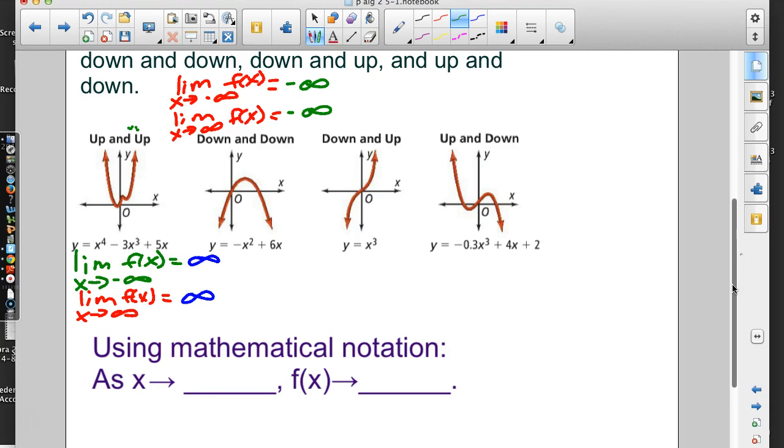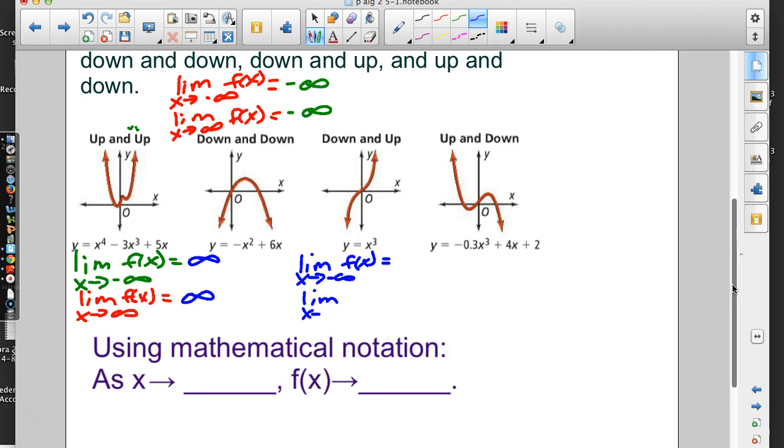Like I said, in the back of the book, they're going to put down and down. I don't want to see down and down on your papers. I want you to get used to this. Notation is all it is. Math is a different language because we try not to write everything out in words if we don't have to. Now, the next one, same thing to start with. Limit as x approaches negative infinity, f of x is doing what?